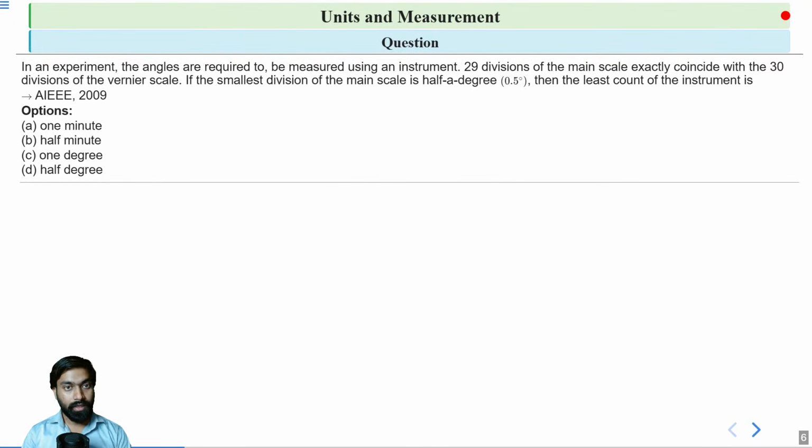In an experiment, the angles are required to be measured using an instrument. 29 divisions of the main scale exactly coincide with the 30 divisions of the vernier scale. If the smallest division of the main scale is half a degree, that is 0.5, then the least count of the instrument is what? Please solve this question.